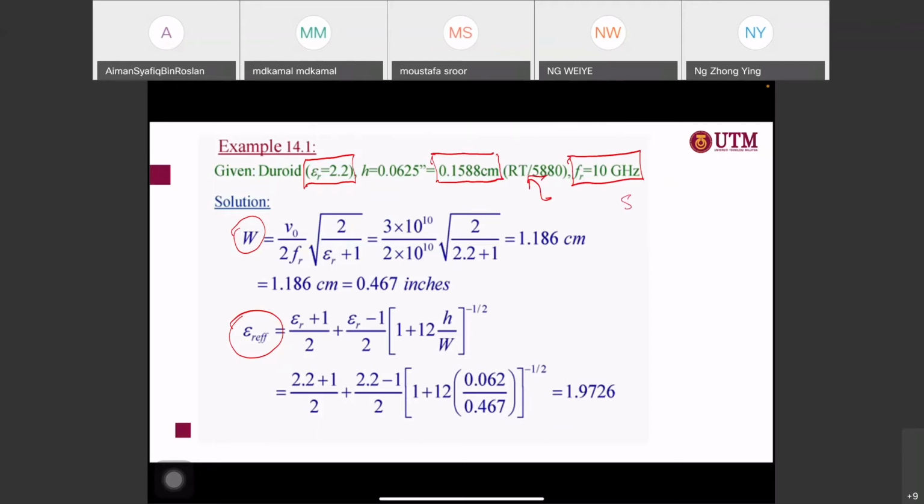So this is the specification for the substrate: epsilon R is equal to 2.2 and H here is 0.15 centimeter.